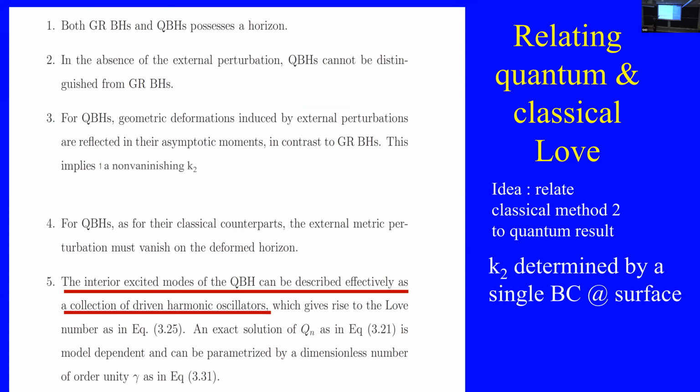And the main assumption here is the same assumption that I used before, that I can describe effectively the interior of the black hole as a collection of waves with a discrete spectrum, which is something that you get in reasonable models. Okay?